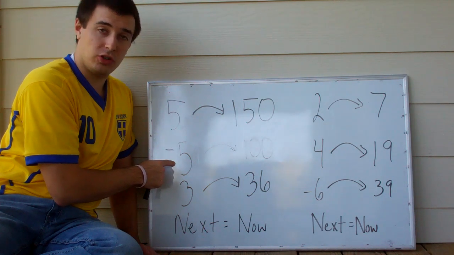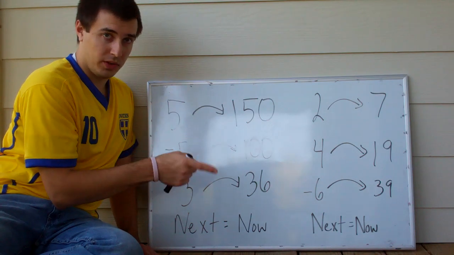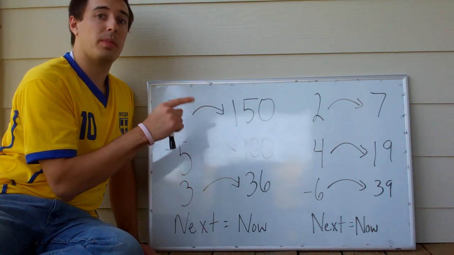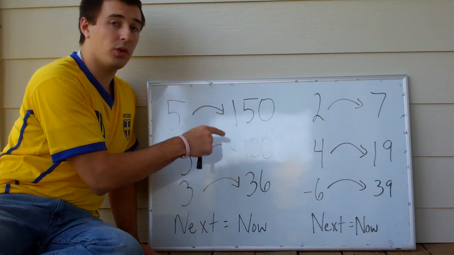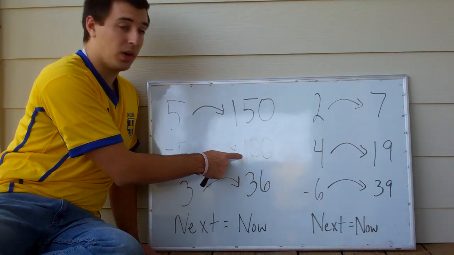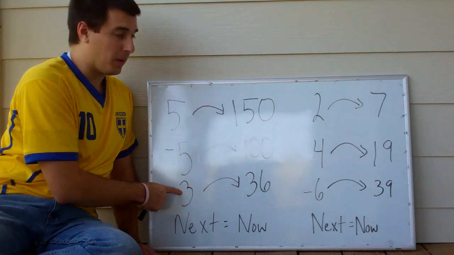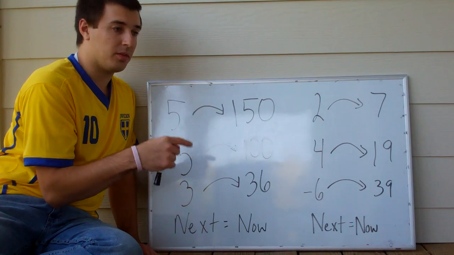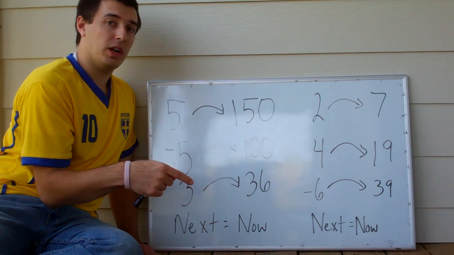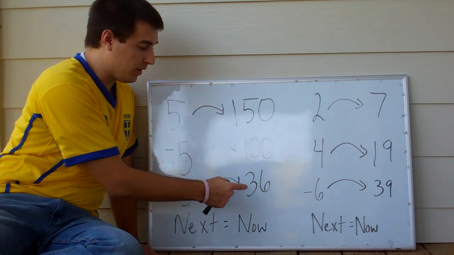So negative 5 cubed would be negative 125. 5 squared would be positive 25. So negative 125 plus positive 25 will give us negative 100, so that works. What about 3? So 3 cubed would be 27. 27 plus 3 squared, which would be 9. 27 plus 9 would be 36.